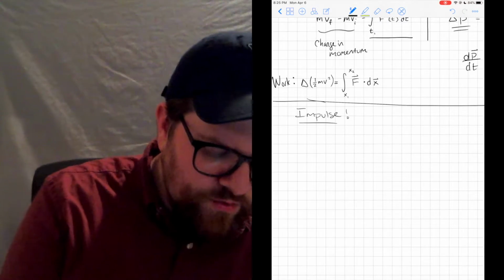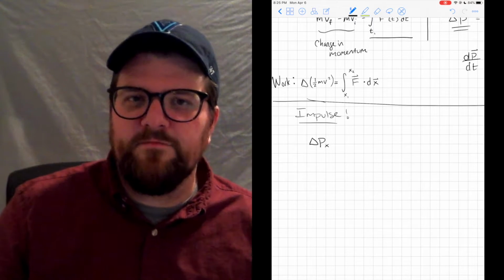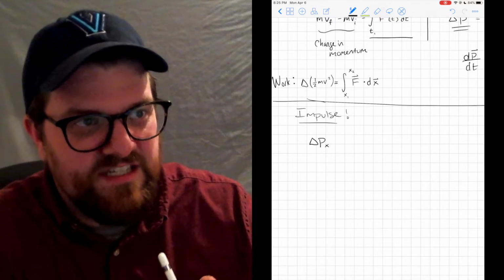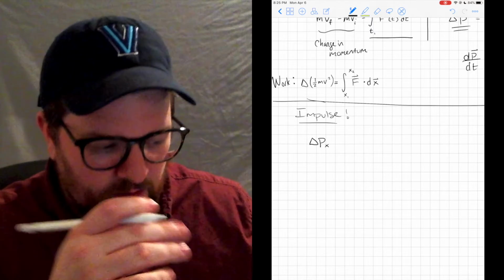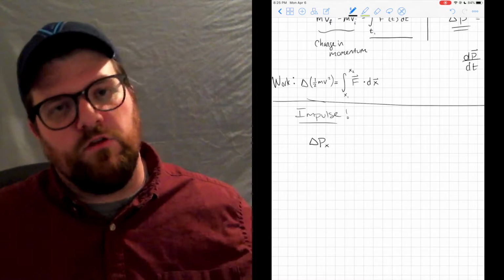And I'm only going to look in a specific direction for right now. Of course, momentum is a vector. I need to have consideration of all directions when I think about this vector, but for right now, I really just want to think about it in one direction, and we can generalize from that.